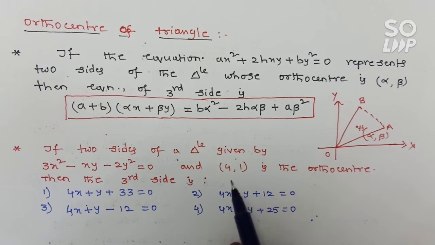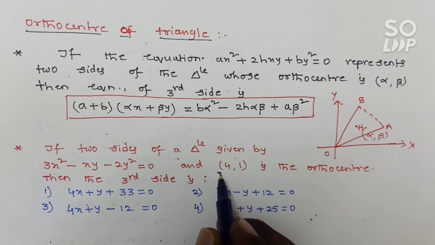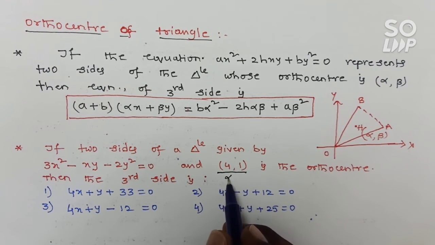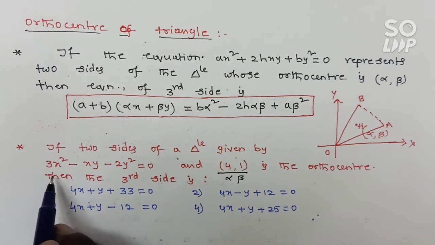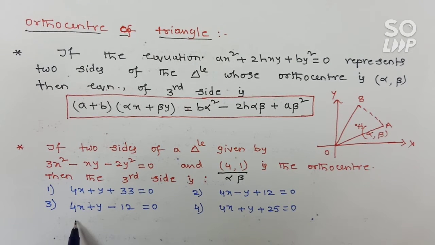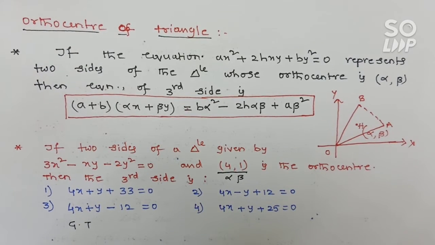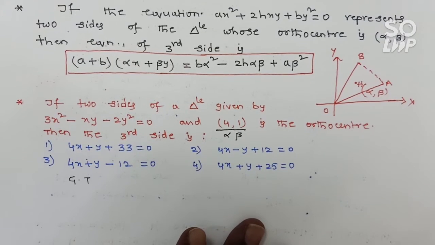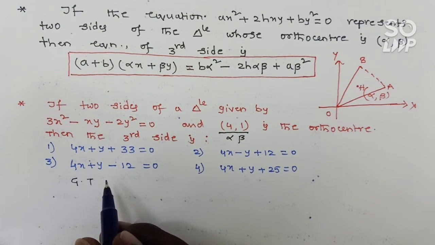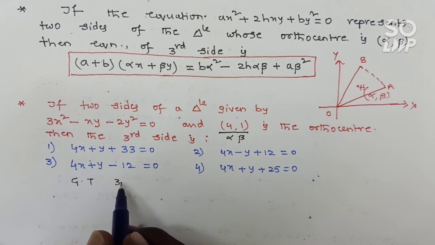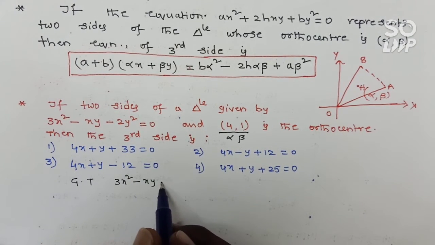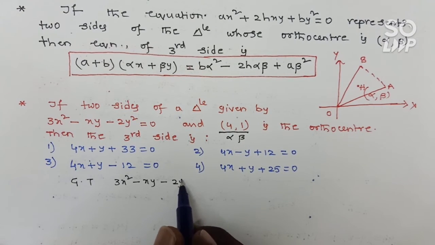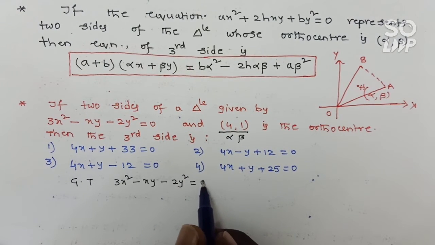Using this formula, the orthocenter is (alpha, beta). The given equation is 3x square minus xy minus 2y square is equal to 0.